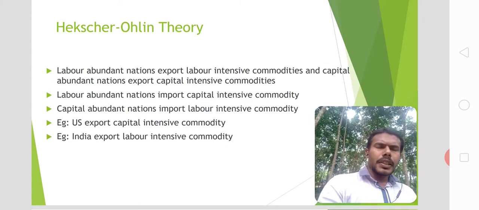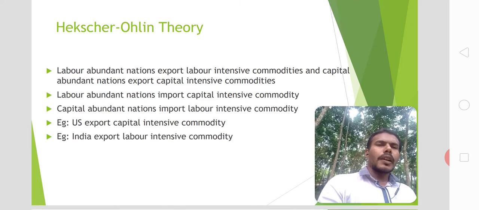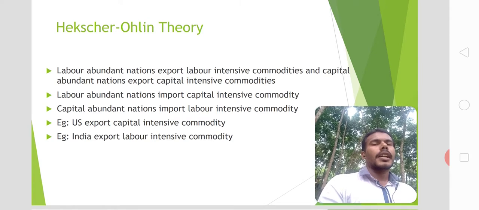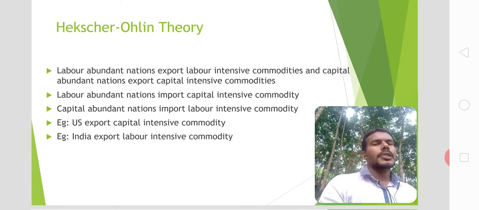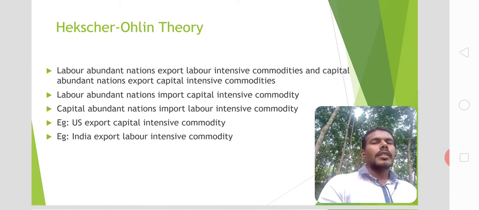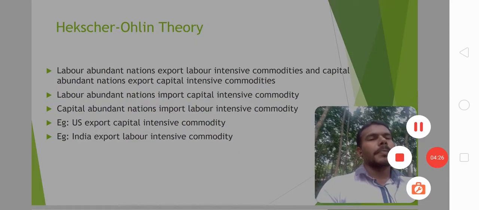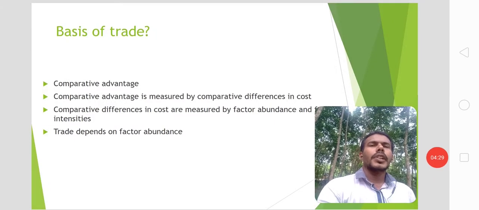So, the United States exports aircraft to India. India in turn exports textile commodities to the United States. So, this is the pattern of trade devised by the Heckscher-Ohlin theory. So, this is the basis of trade.